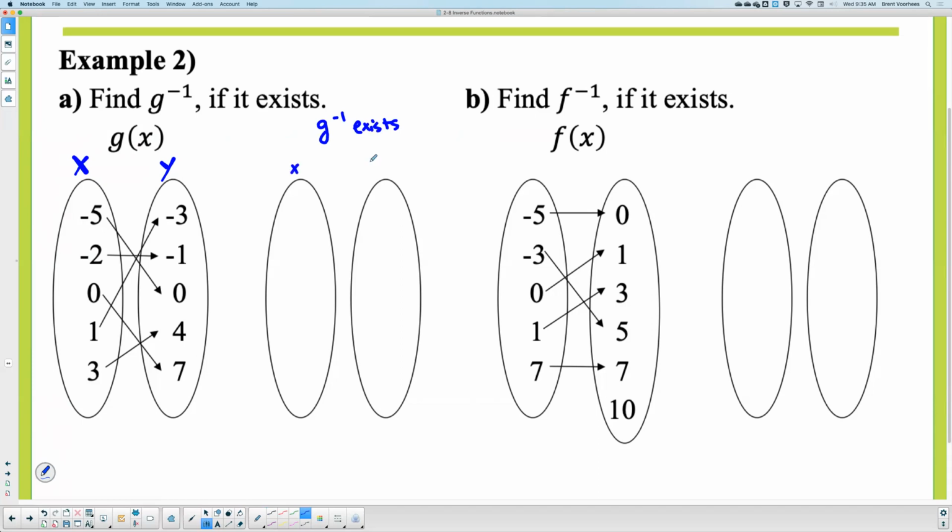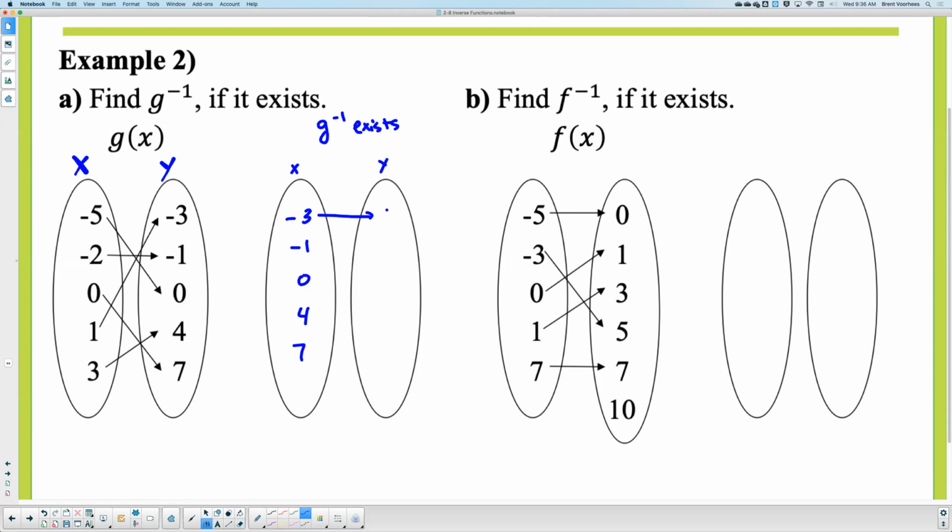And this will be our x column. This will be our y column. I'm going to keep them in numerical order, which they already are. -3, -1, 0, 4, 7. And you know what we could do just to make it easier? What does -3 now point at? 1.